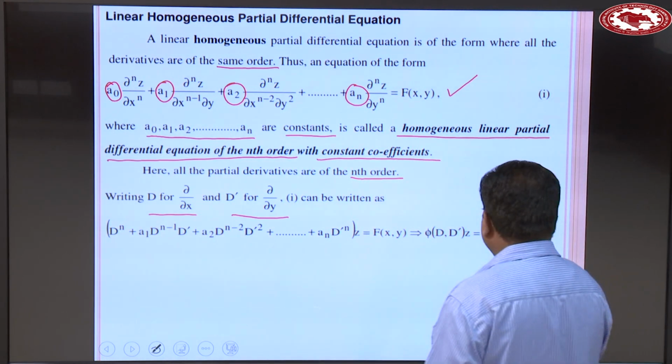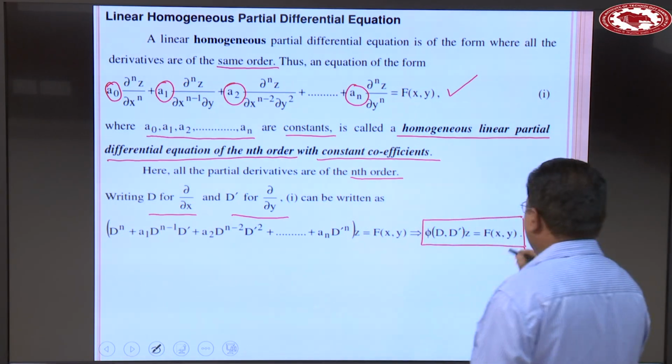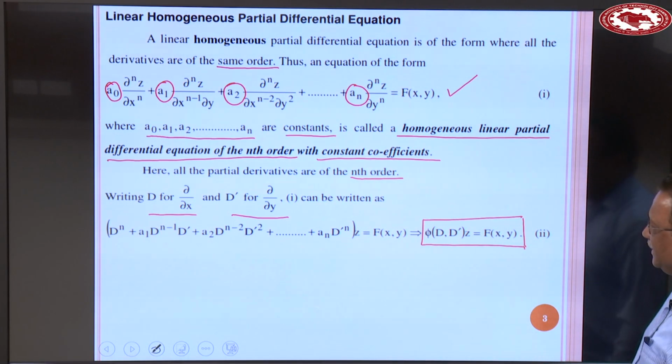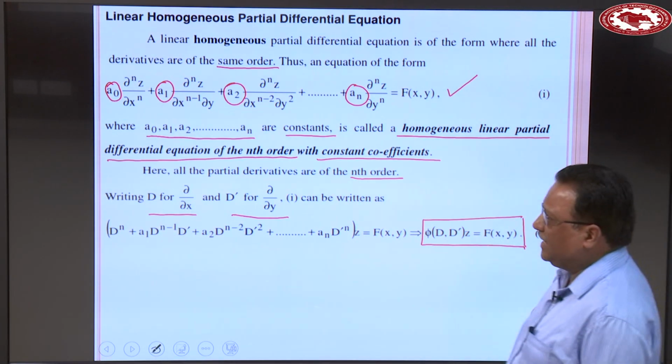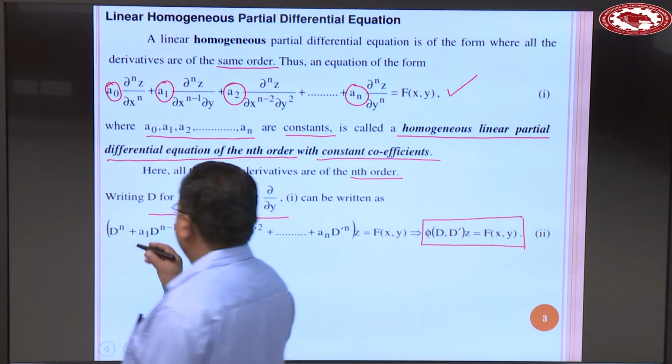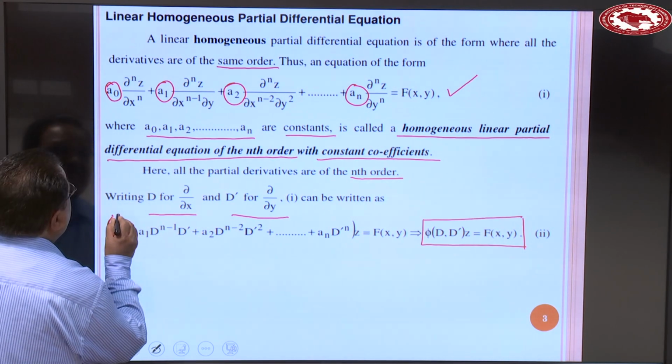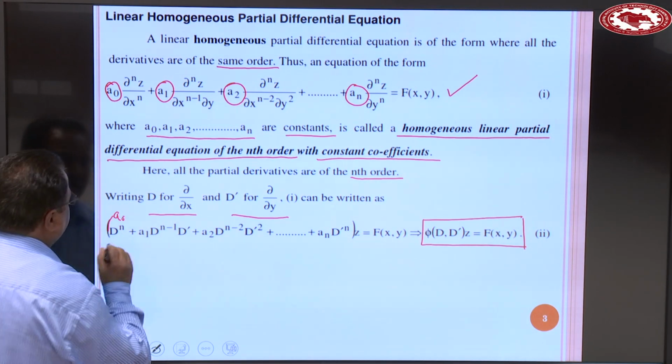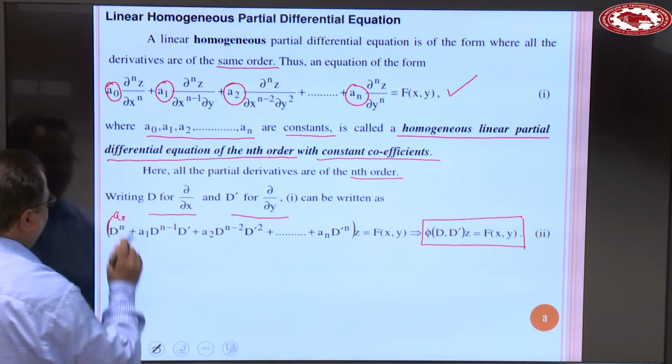In other words, we can represent this type of equation as phi(D, D dash) z equal to a function of x, y, clear. Here one thing is missing: this one is a naught.